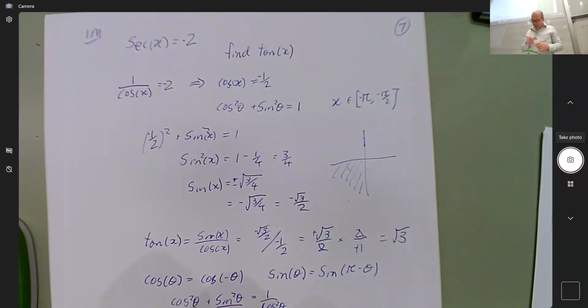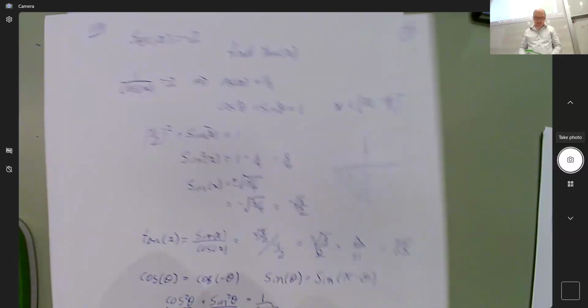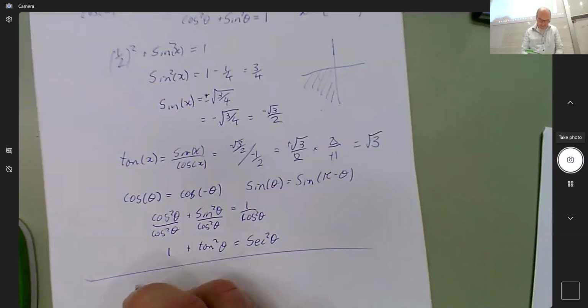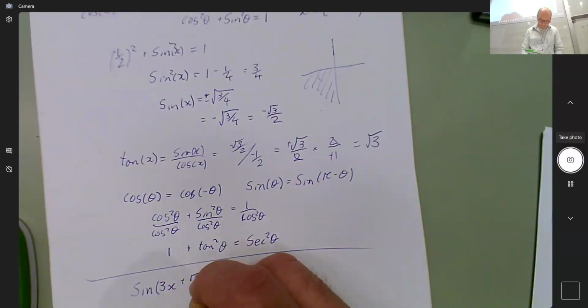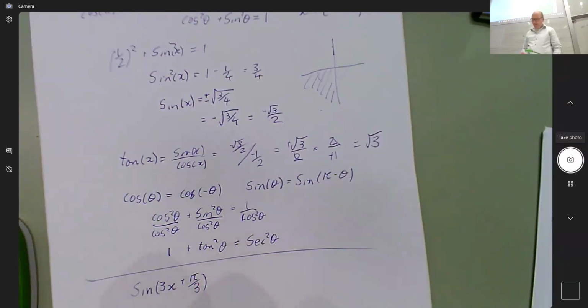So the next sort of thing they have is if I go like sine of 3x plus pi on 3 is equal to, I don't know, what's a good number for it to be equal to? I'm going to go with 1. 1 makes my life easy.